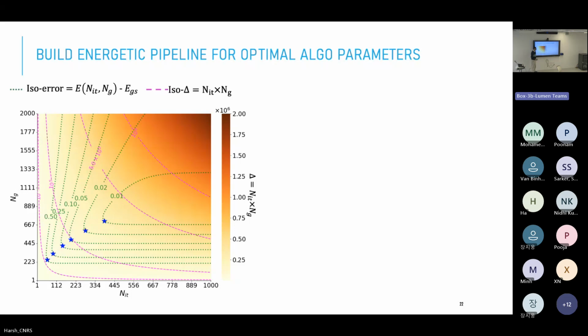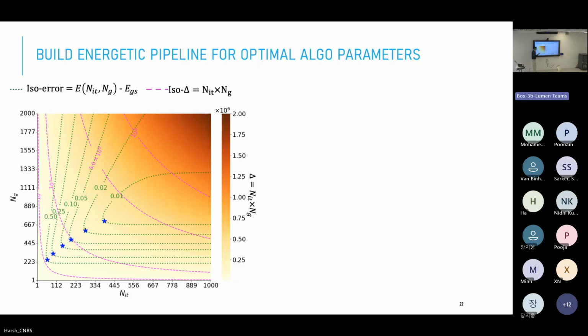The magenta curves just illustrate the contours of the delta heat map here. Moving from 10 to the power 5 to 10 to the power 6 is an order of magnitude more gate operations. So we can ask questions like, if I were to keep the metric at 0.01, what is the minimum number of gates times the number of iterations that I would need?